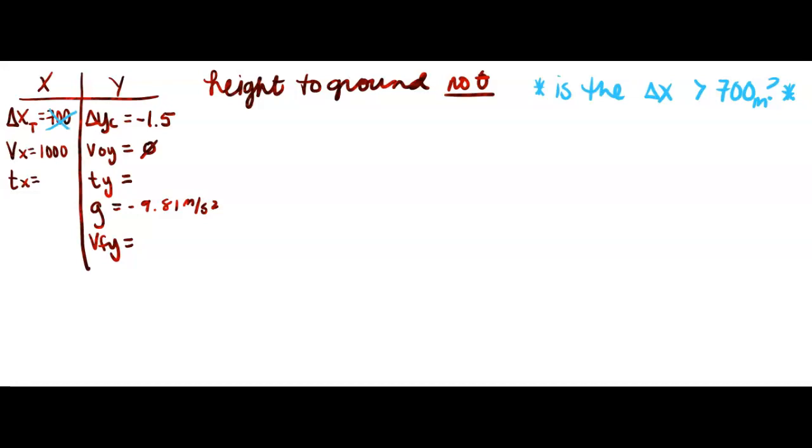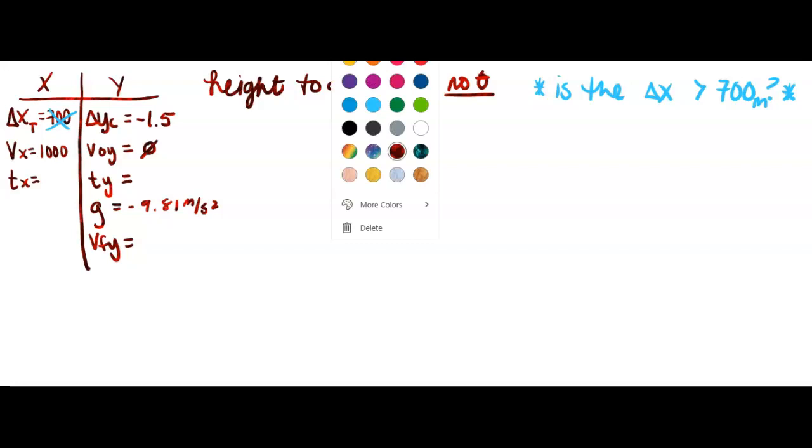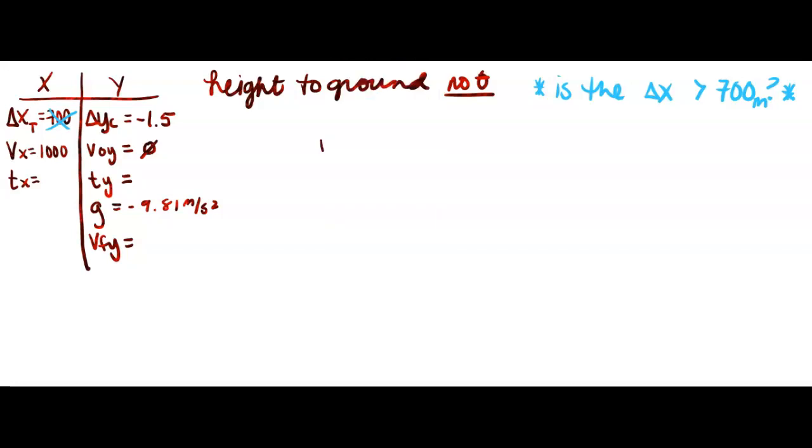So that means that delta x target is just going to be a reference point for us, and we're not even going to worry about it as far as the table goes. So in order to figure out delta x, we need time in the x direction. And time in the x and time in the y for height to ground projectiles with no angle are equivalent. So we're going to have to figure out time y first.